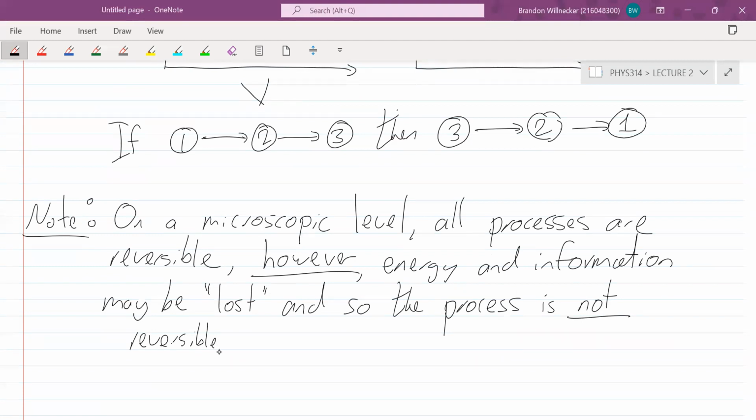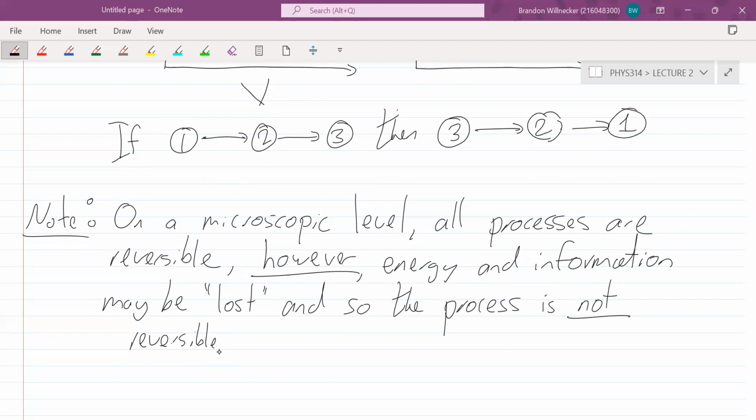Due to friction or some other process, the system loses energy to the environment and so cannot follow the same path backwards, because it does not have enough energy to do so. But on a microscopic level, with all of the atoms moving around, if you have full knowledge of what's going on, you can easily just reverse that process.